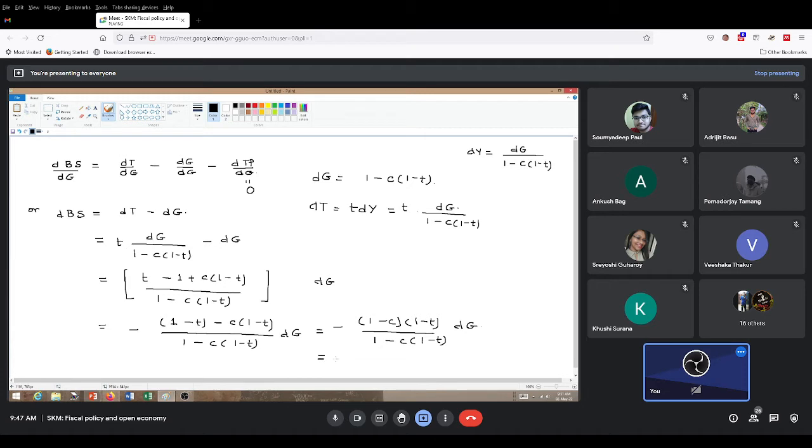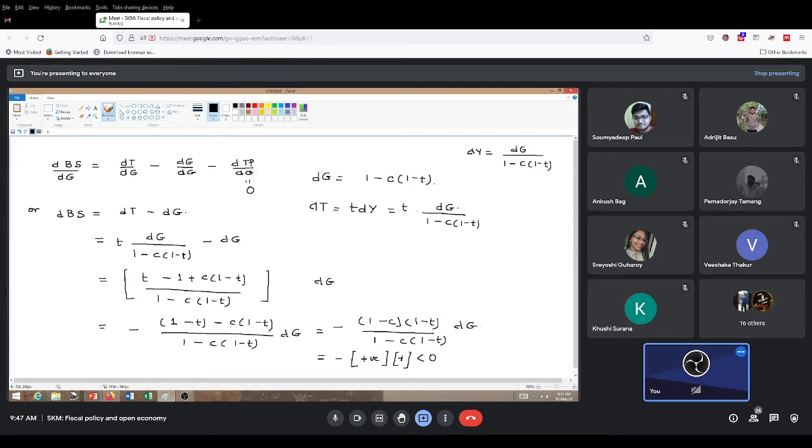So all of it is positive, dG is also positive, so this term is negative, because of the negative sign.